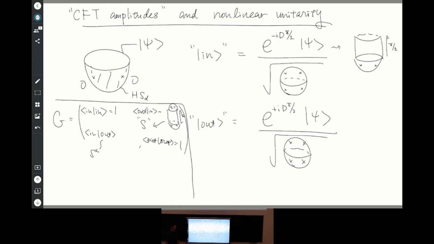And the important point is that this matrix element is just like a matrix of norms or overlaps. So in a unitary CFT, this has to be a positive matrix. This positivity comes from the unitarity of the underlying CFT.